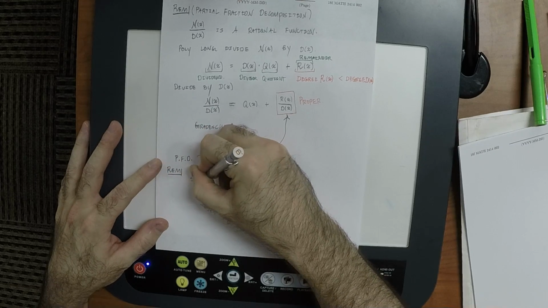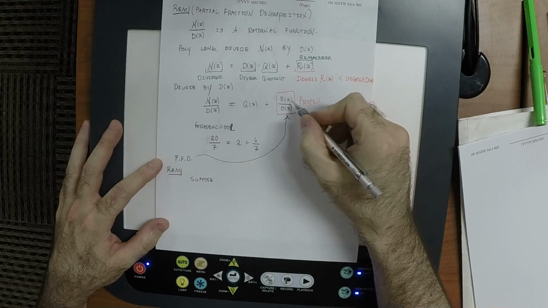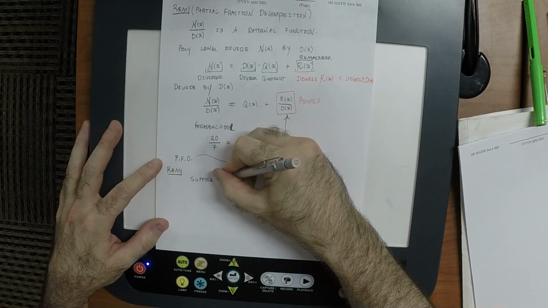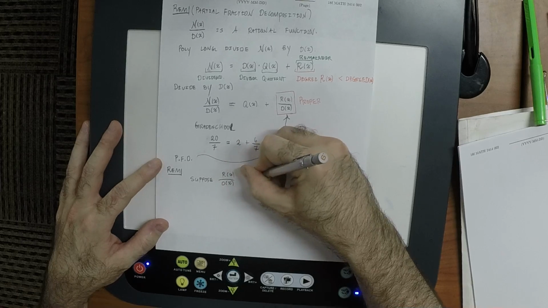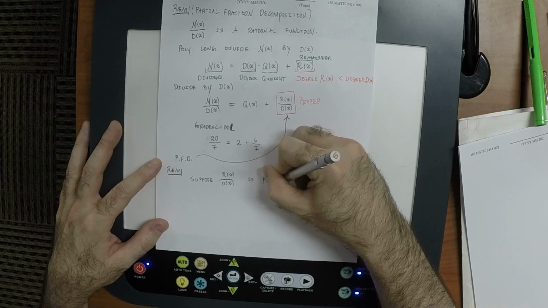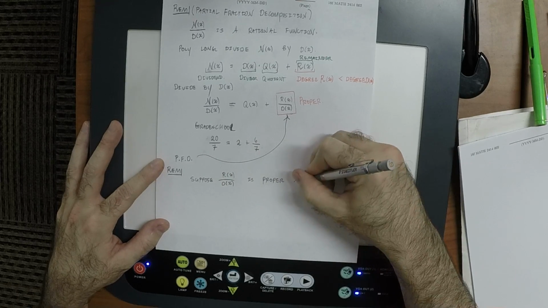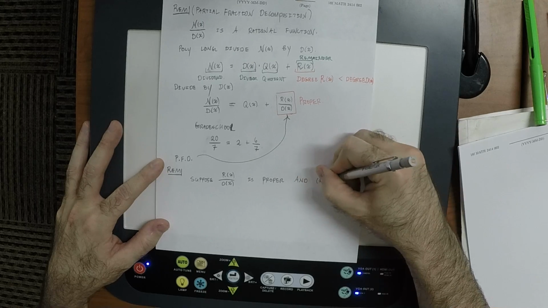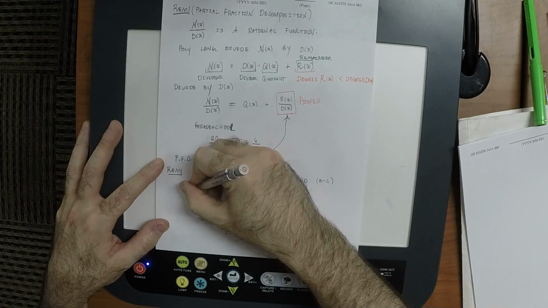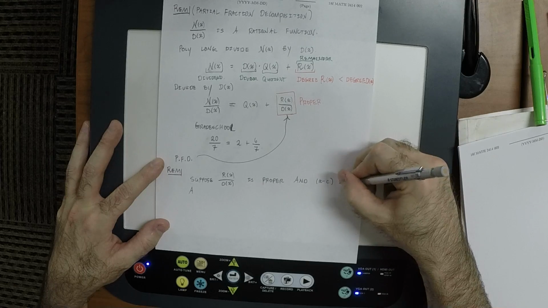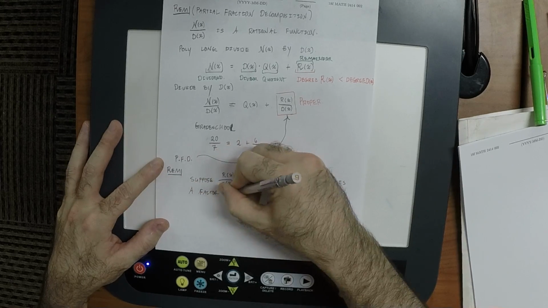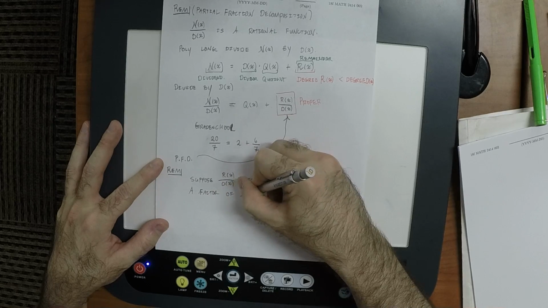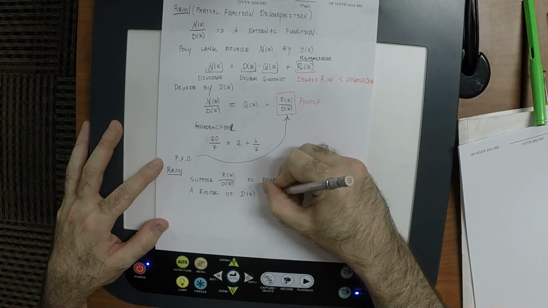Suppose that R of x over D of x is proper, and x minus c is a factor of D of x of multiplicity 1.